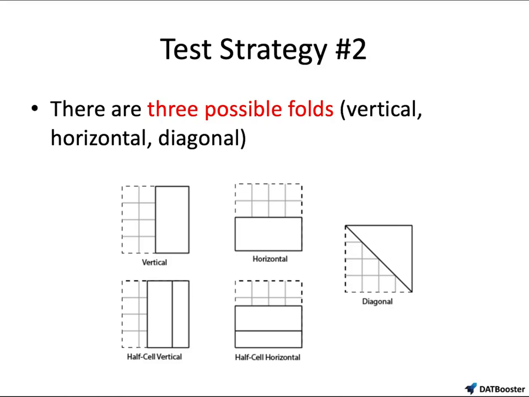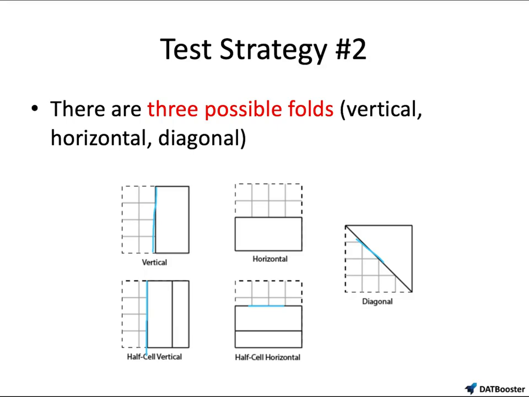There are also 3 possible folds that can be made: a vertical fold, horizontal fold, and a diagonal fold, and they can be done to different degrees. The fold lines can be made along the grid line, like in the first 2 examples, or they can be made such that they split the grid system in half, like in these 3 examples.